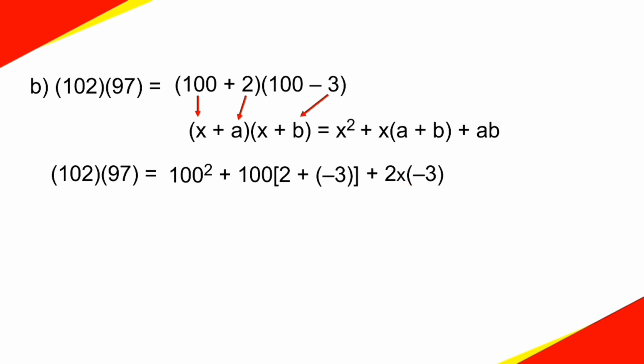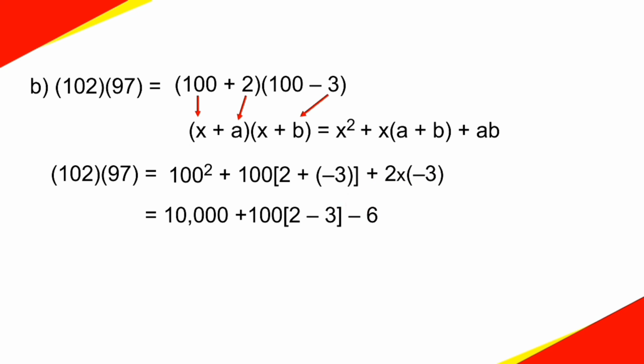Now students, can you tell what 100 square is? Can you multiply it? Right, very good. 100 square is 10,000 plus 100 into 2 minus 3, and 2 threes are 6 with a minus sign.